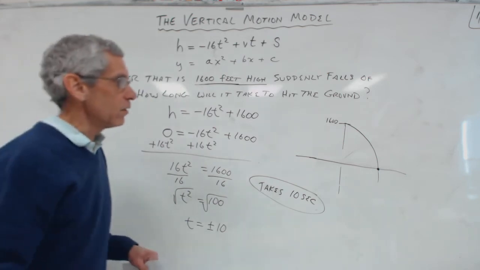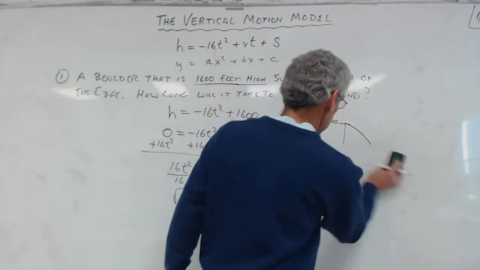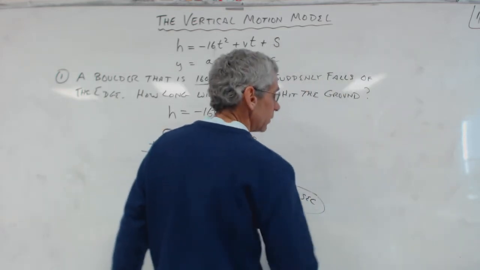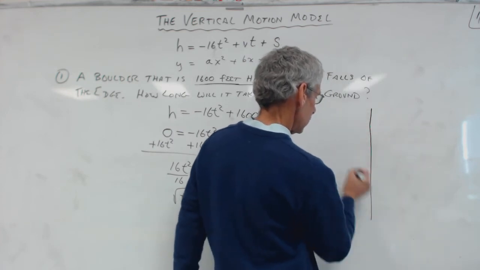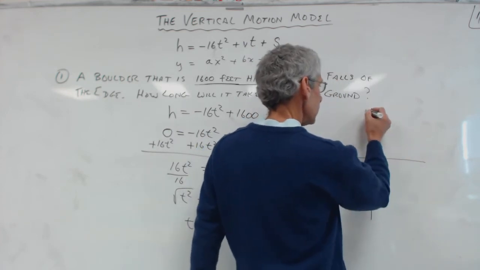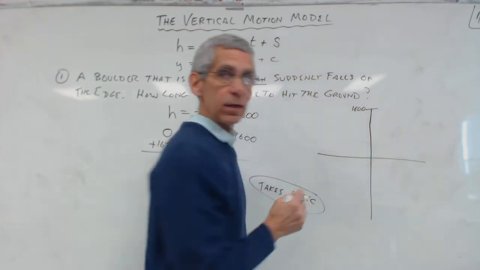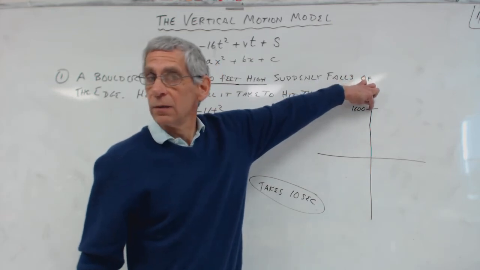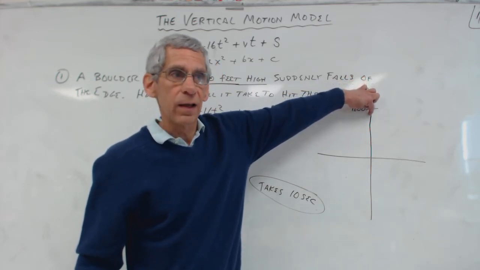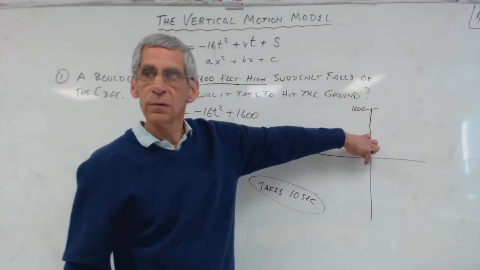Pretty easy. Now, one thing that's very interesting is when you look at a graph like this. I'm going to do this a little neater. This is 1,600 feet up here. If the boulder is just dropping, wouldn't you think the graph would be a straight line down to 0?